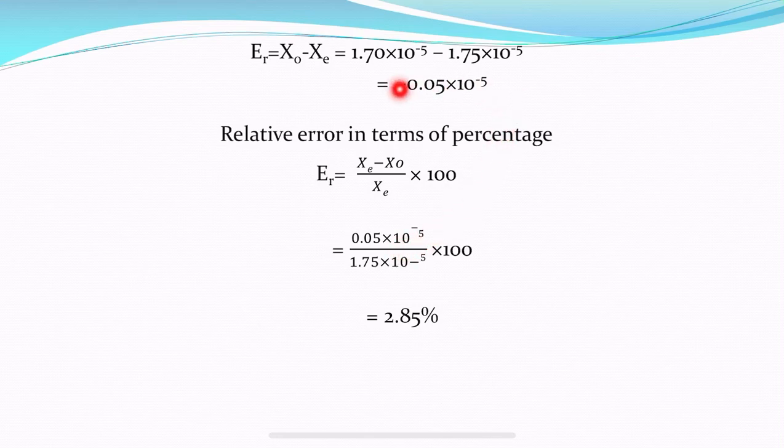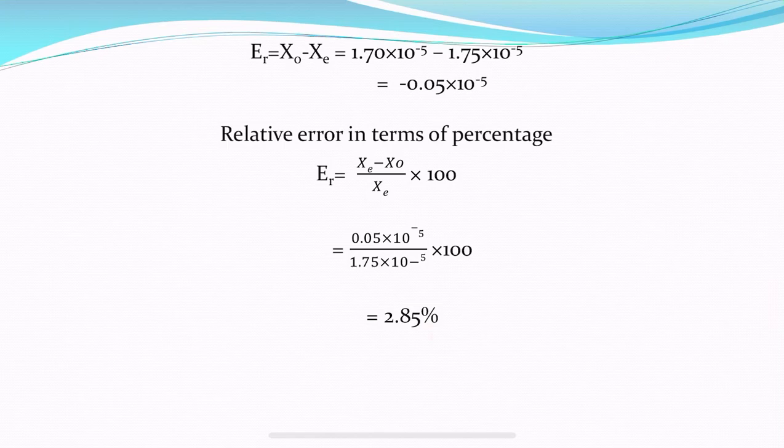While calculating the error, we can neglect the negative sign. That is why I have taken just 0.05 into 10 raised to minus 5. If we calculate this, we get 2.85 percent. That means the error is 2.85 percent.